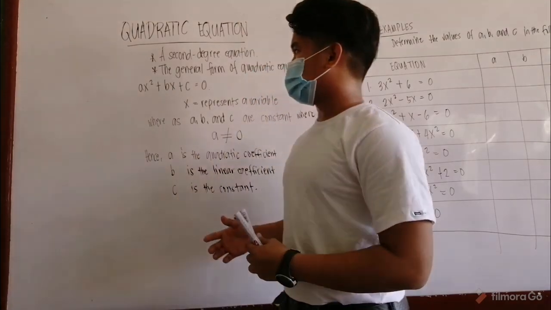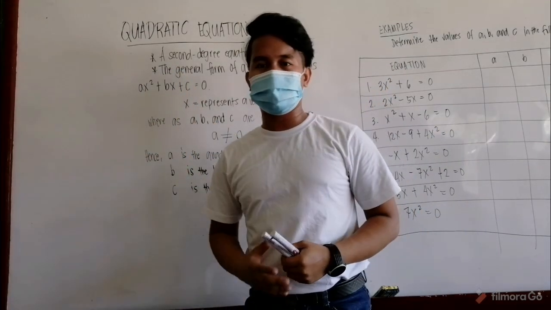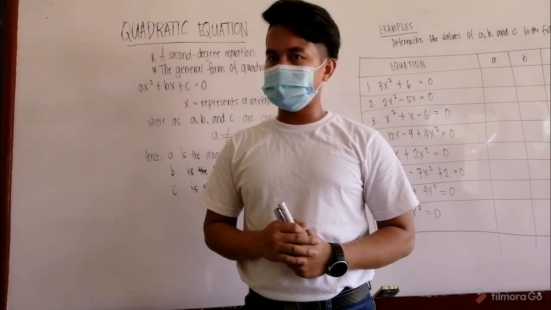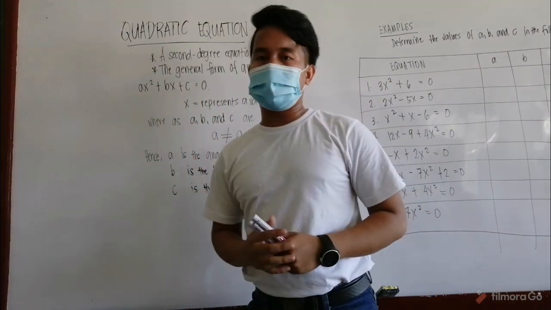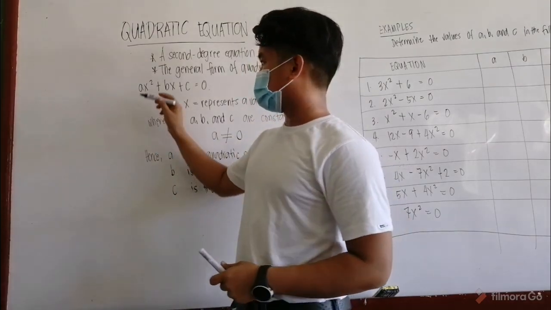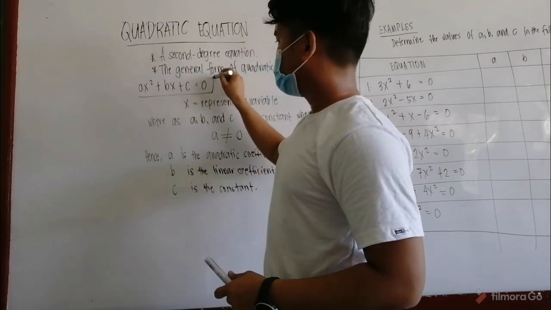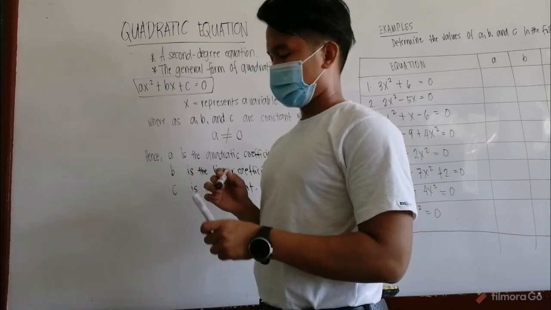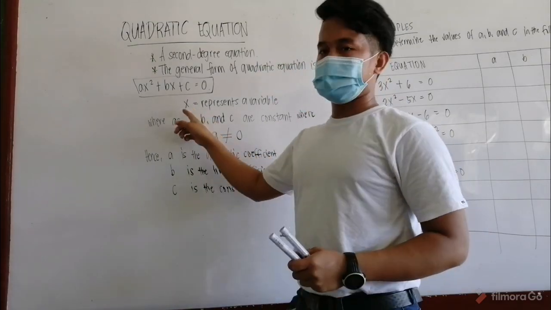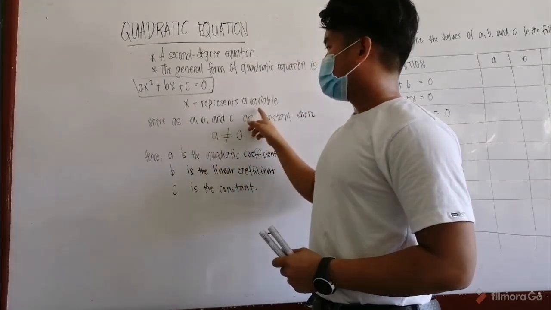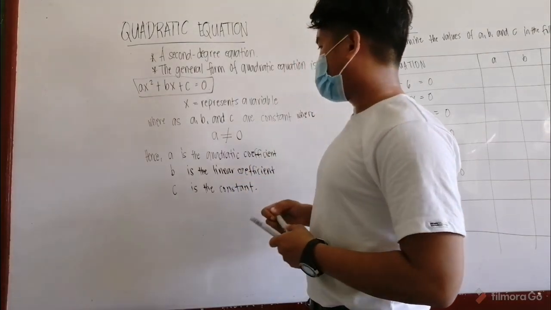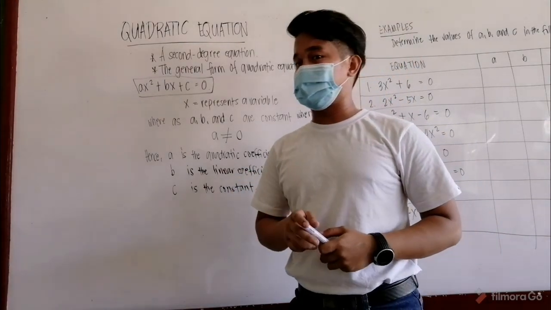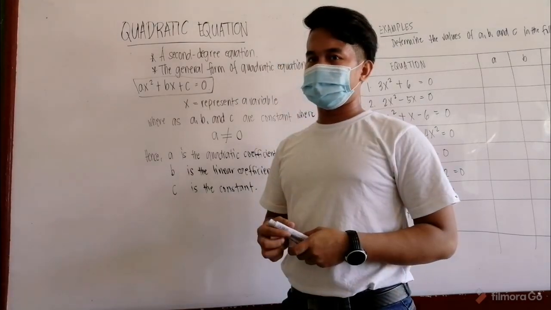As we all know, quadratic equation is a second-degree equation wherein its general form is ax squared plus bx plus c, wherein x represents a variable and a, b, and c are the constants, where a must not be equal to 0.